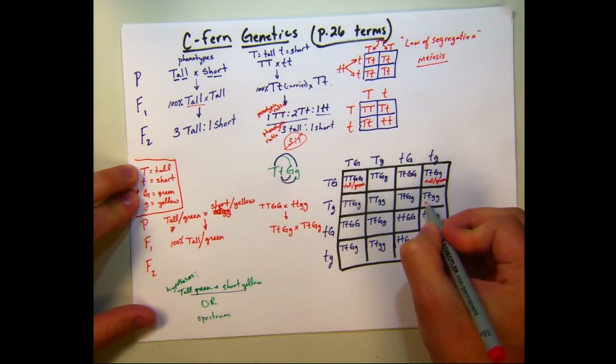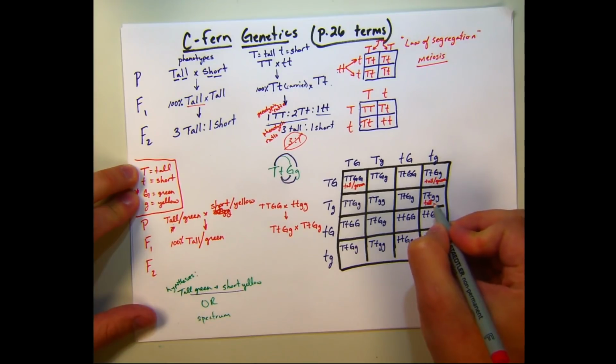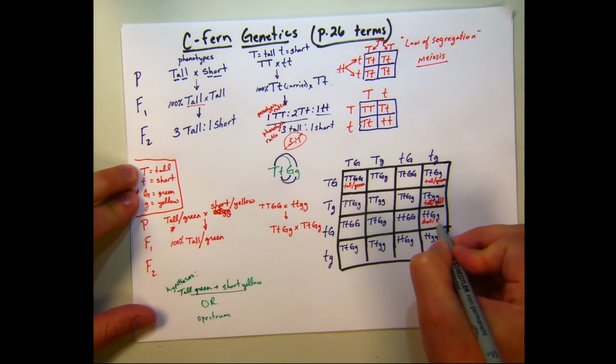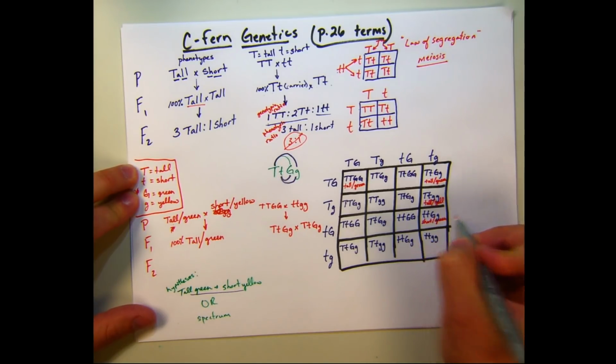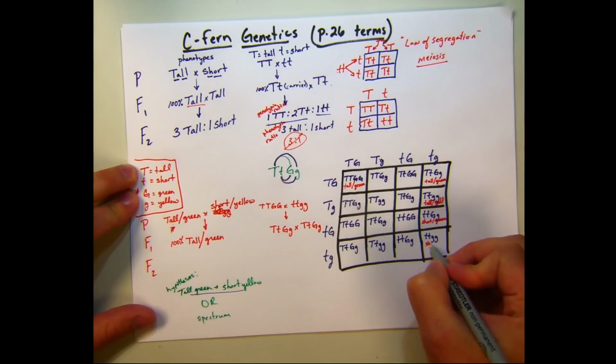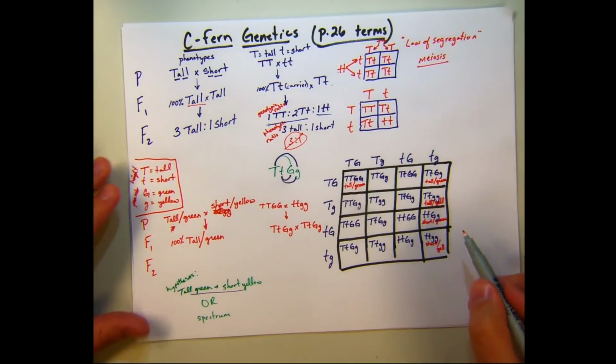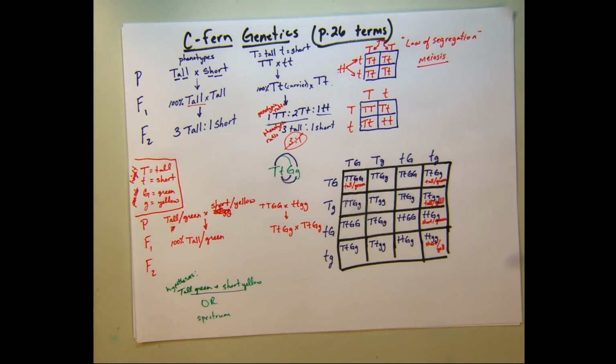Start moving down here, you got tall plants with yellow peas. Here's a short plant with green peas. Here is a short plant with yellow peas. So you're trying to figure all this out. You determine the phenotype from the genotype.